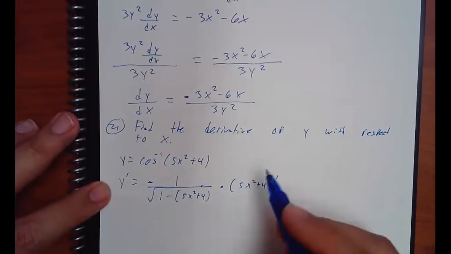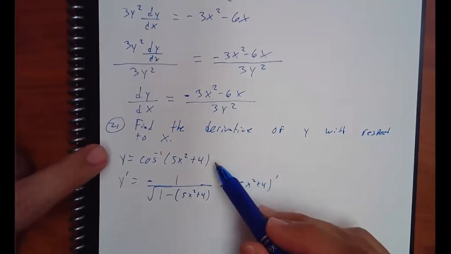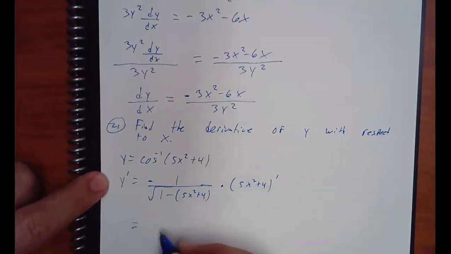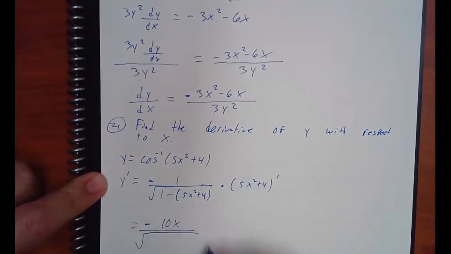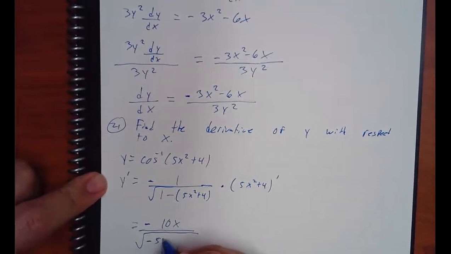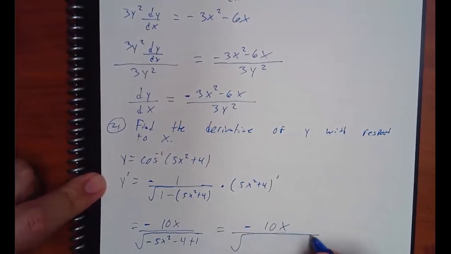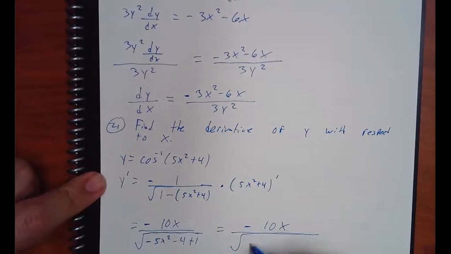So this inverse trig derivative has a chain rule. This would end up being negative 10x over square root of minus 5x squared minus 4 plus 1, that'll be minus 3. Simplified as possible, we'll have this.